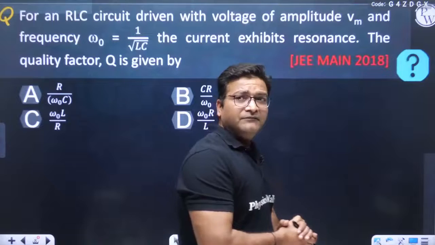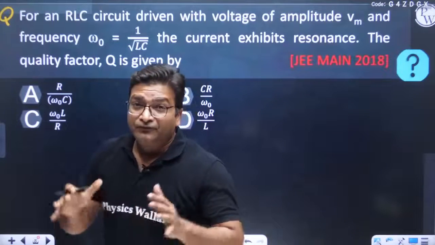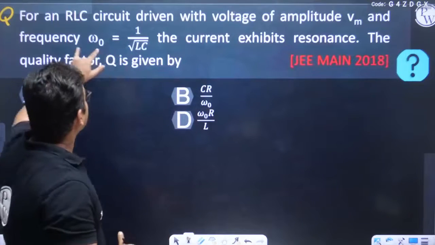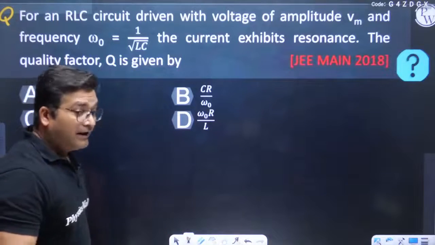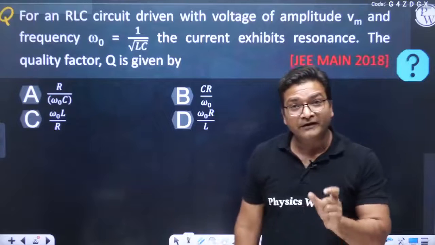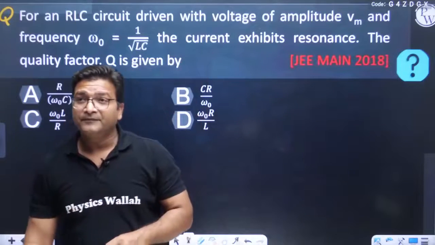Here we are given again an RLC circuit with voltage of amplitude Vm and frequency omega naught equals 1 over root LC. I think you remember, if we have this frequency, the circuit should be in resonance, because at this frequency XL and XC are same.